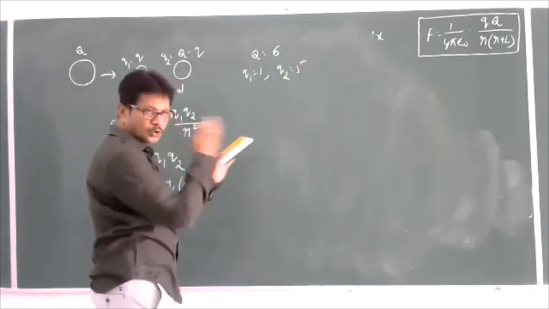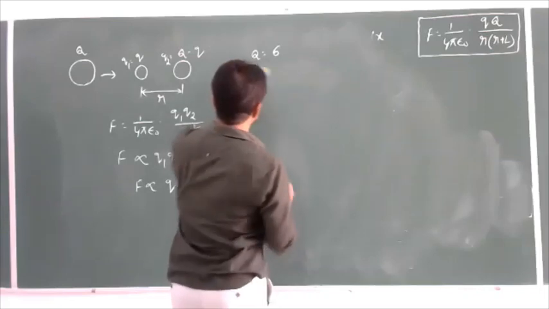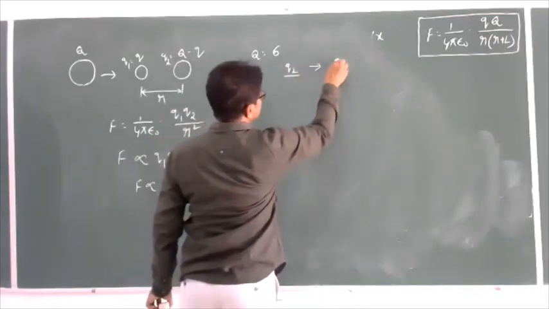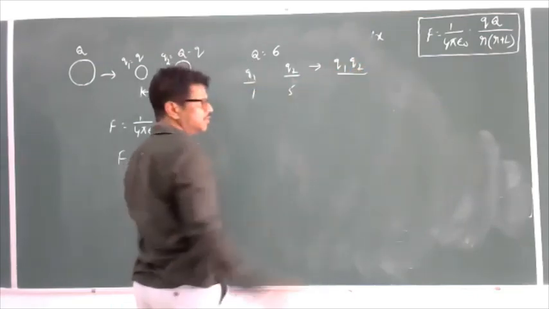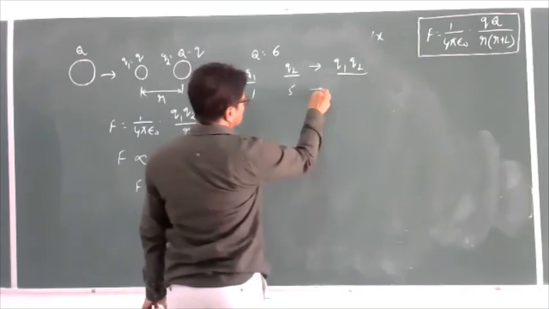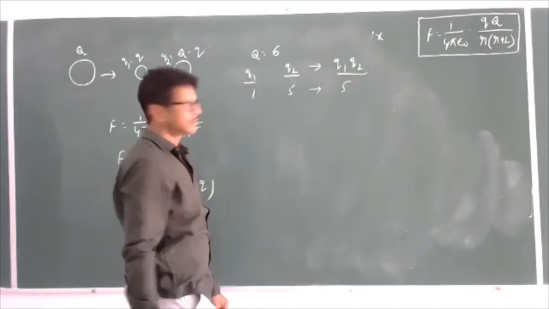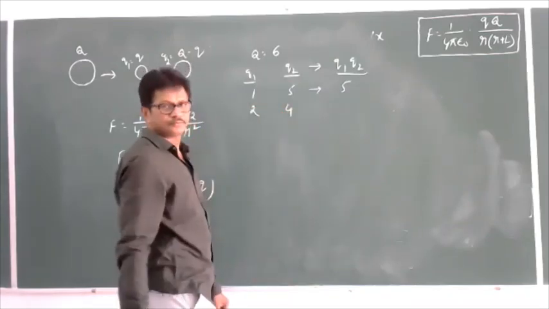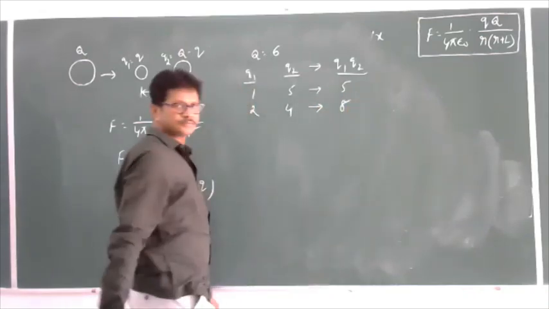If I divide into two pieces, then what is the product of these two? If Q1 is equal to 1 and Q2 is equal to 5, the product of these two is 5. If this is 2 and this is 4, it will be 8.